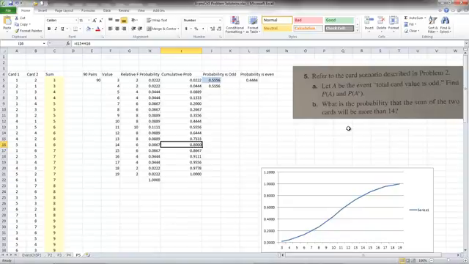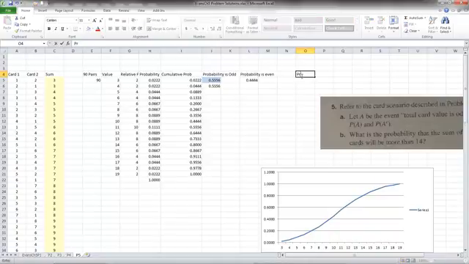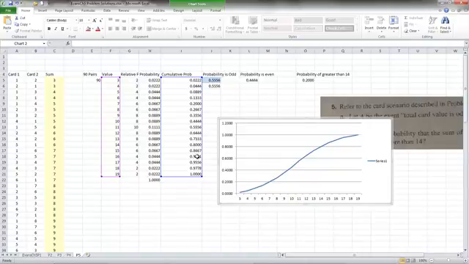And because these are exclusive events, the probability of greater than 14 is just 1, the total probability, minus that entry there. So it's 20%. And that way, I just did this really quick cumulative table here. They didn't really ask for that, but it helps. You can visualize it and understand it a little bit more. That's how you do it.